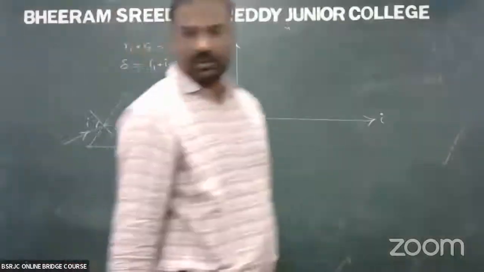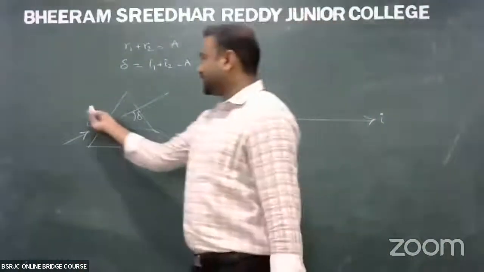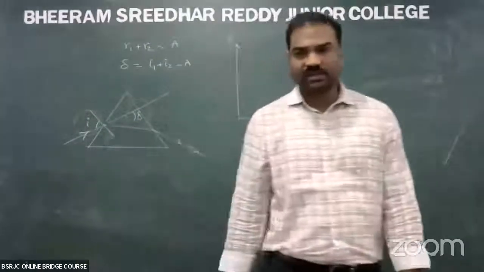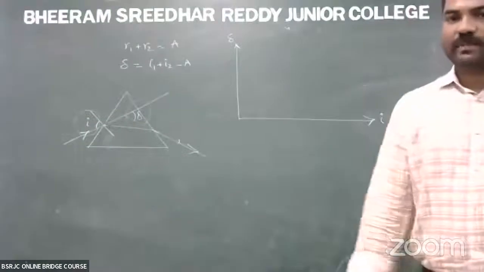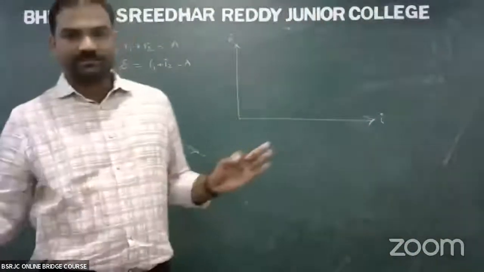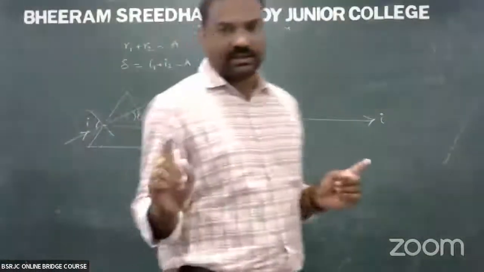Hope all of you are able to see the diagram. As the I value changes, the delta value also changes. As angle of incidence changes, angle of deviation also changes. No doubt.